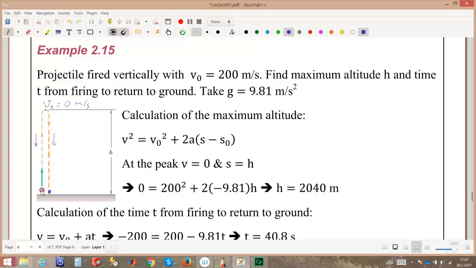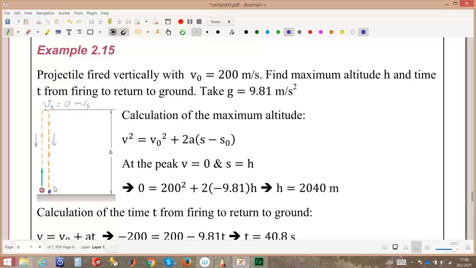So as it has an initial velocity of 200 meters per second, this velocity will drop to 0, and from this point on, as its top point velocity is 0 meters per second, it will accelerate in the same direction, because the motion is in the same direction now, and then it will accelerate and come to a speed. Actually, we can guess the speed because there is no other acceleration on the system.